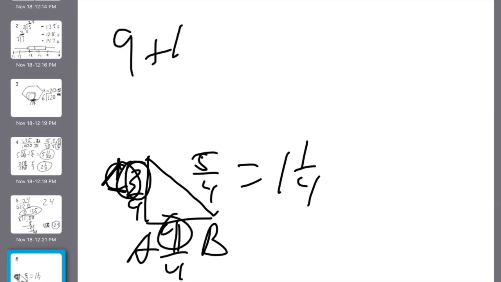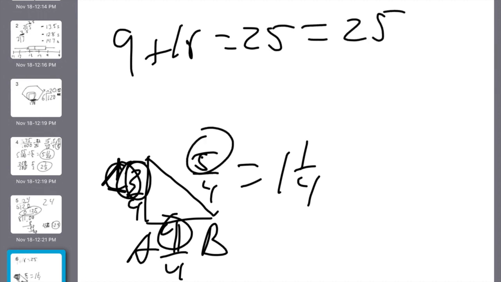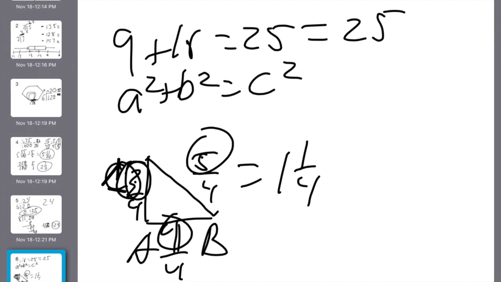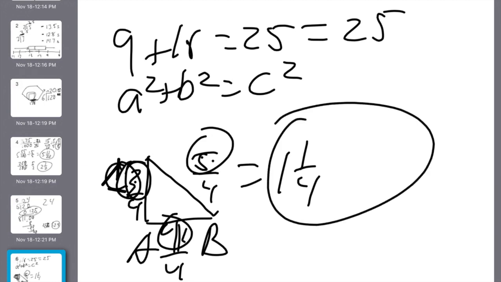That equals 25. 5 squared equals 25. That's a squared plus b squared equals c squared. Shortest side squared plus the next side squared equals the longest side squared, guys. Awesome. There's your answer for number 14.